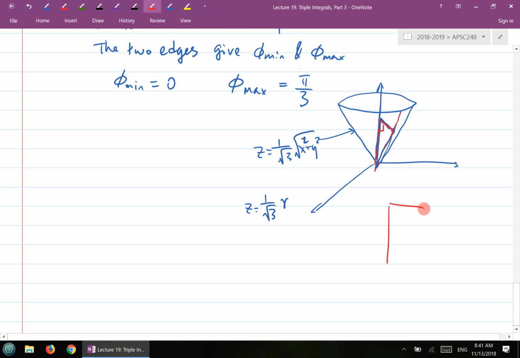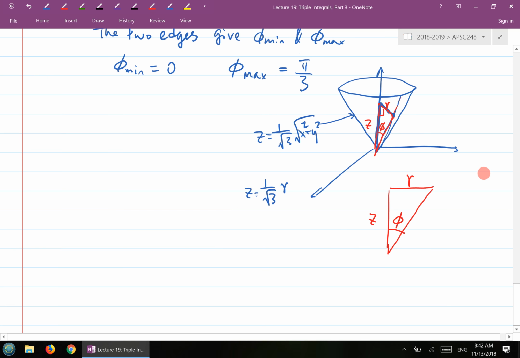For this right triangle, if I bring out the right triangle, here's your z, here's the r, and here is the phi angle. So this is your phi angle here, with z and r. If I look at this right triangle and the geometry, tangent phi equals r over z.